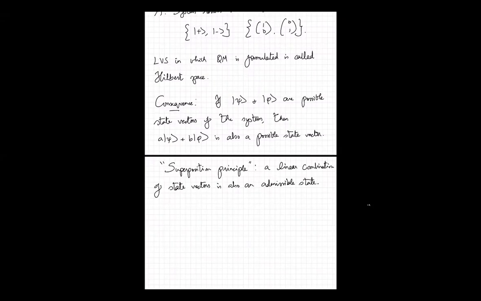This superposition principle is fundamental to quantum mechanics. It's a linear combination of state vectors. So it's not some quadratic combination, it's a linear combination, which makes quantum theory a linear theory.